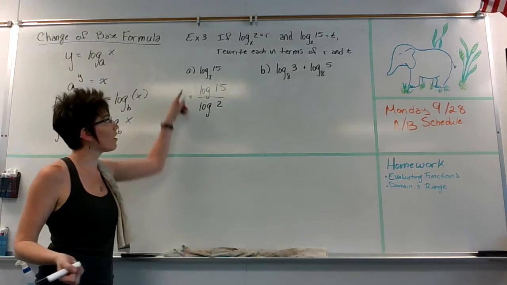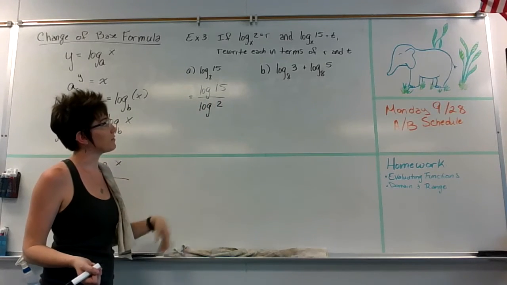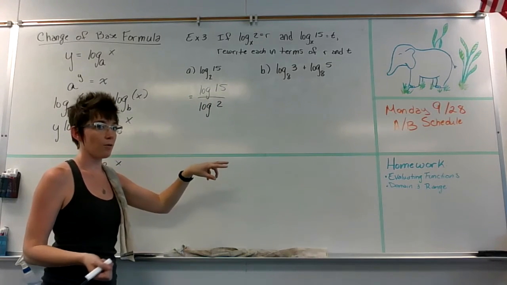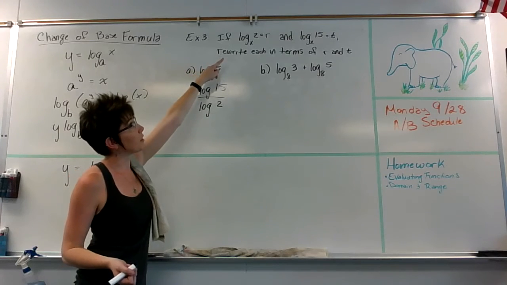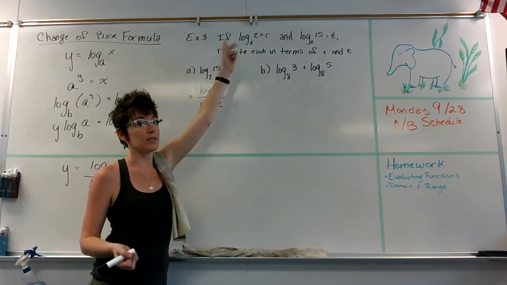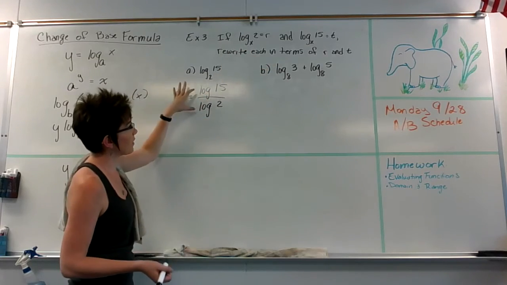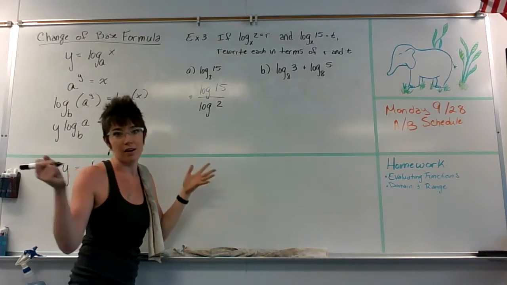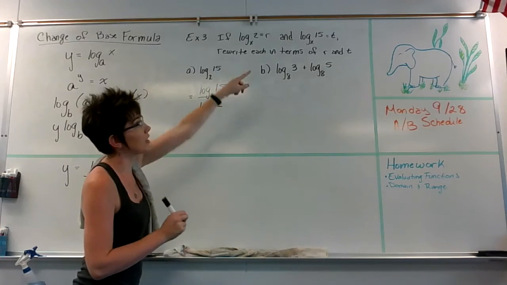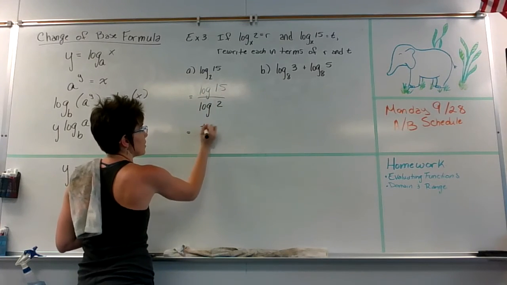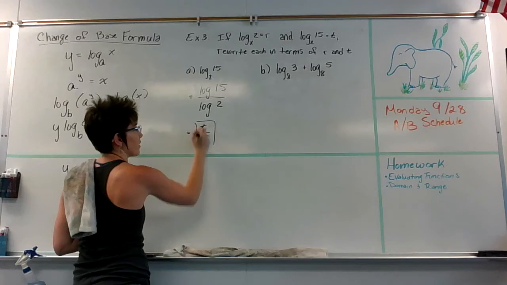So I have log with a base of 10 of 15 and then log of 2. Now, they defined r to be log of 2 using any base, and t is log of 15 using any base. So the fact that I use 10 here is just fine. The numerator is equal to t, and the denominator is equal to r. So this is my final answer.